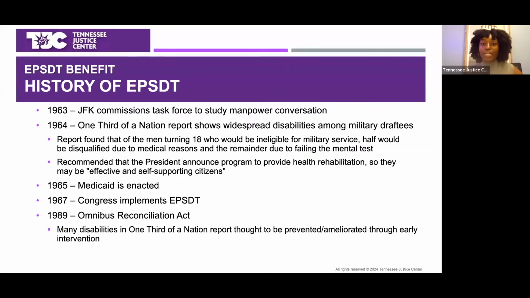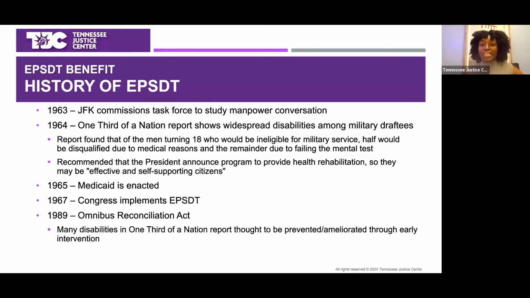The following year, in 1964, this task force published a report called the One-Third of a Nation report. This was a report on young men found unqualified for military service, and it found that one-third of the men turning 18 would not qualify. The reason for these rejections was largely medical issues.